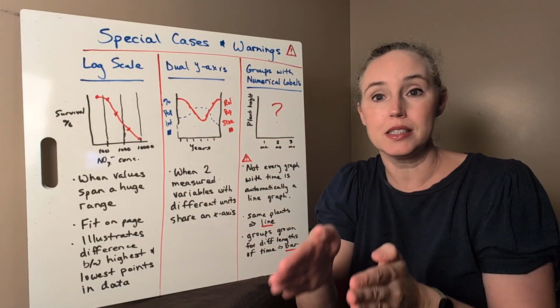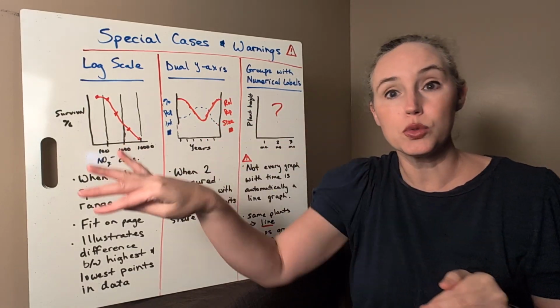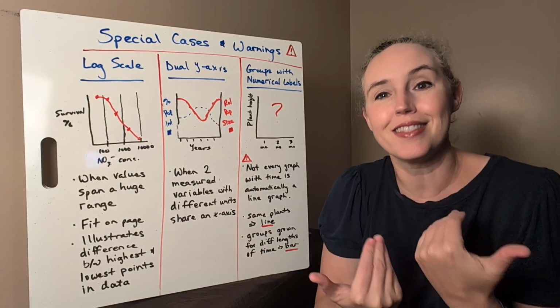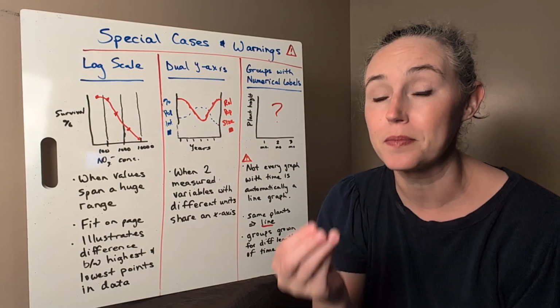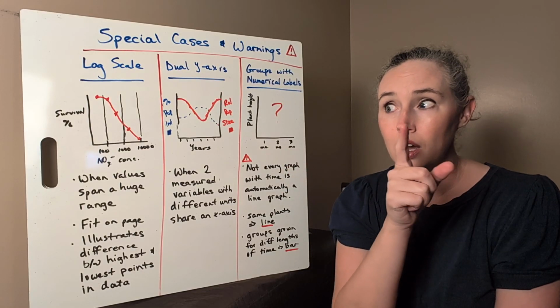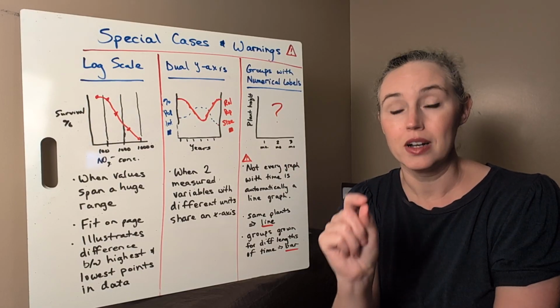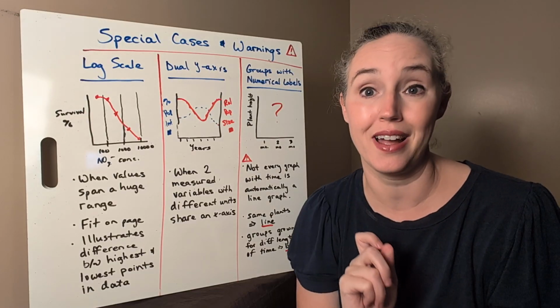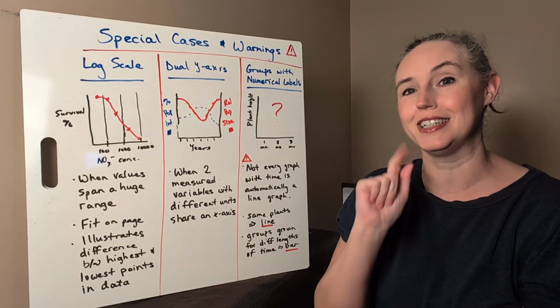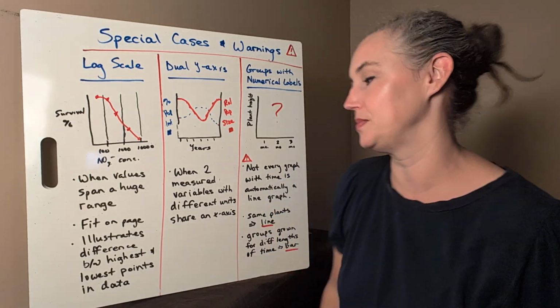That's 3 separate groups. You're not measuring the same plants over time, you're measuring 3 separate groups, so that's going to be a bar graph. Just because you see a numerical label doesn't necessarily mean you're going to have a continuous graph. So be careful as you read to be sure you're choosing the right one.